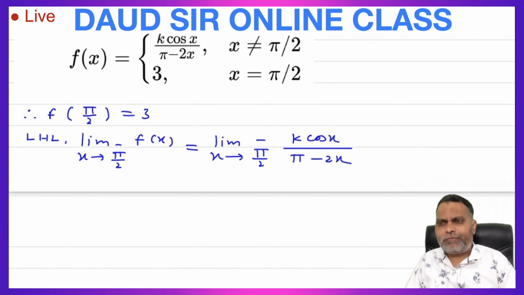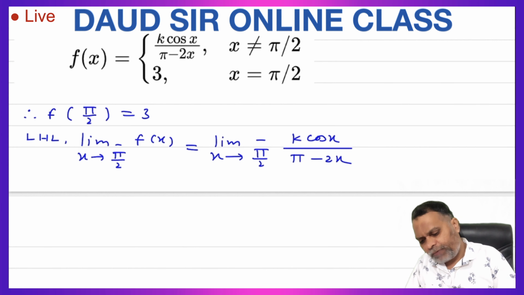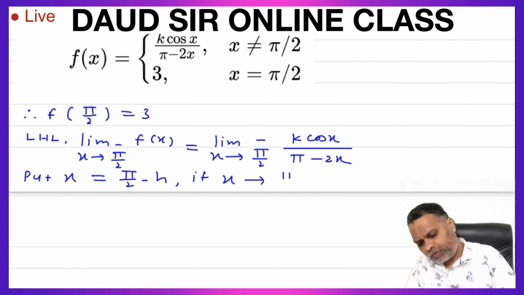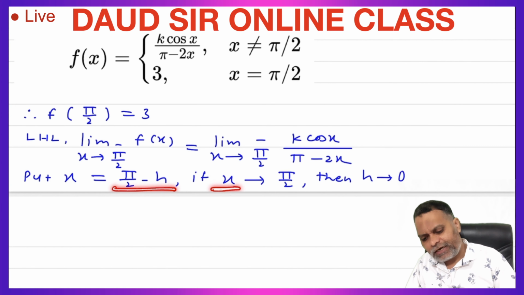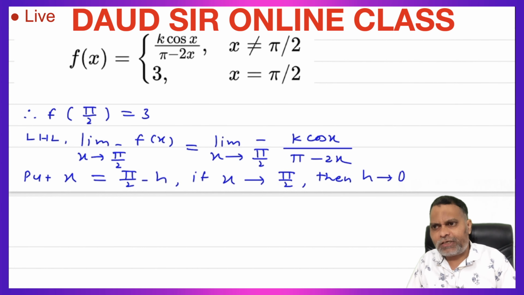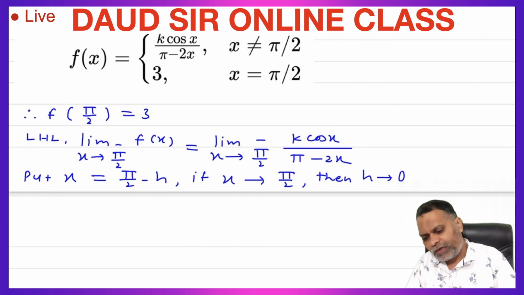For left hand limit, we have to substitute x is equal to a minus h. Here a is equal to pi by 2. So put x is equal to pi by 2 minus h. Change tends to, if x tends to pi by 2, then h tends to 0. How? Put this pi by 2 minus h here. Pi by 2 minus h tends to pi by 2, pi by 2, pi by 2 cancelled, minus h tends to 0, that is h tends to 0.